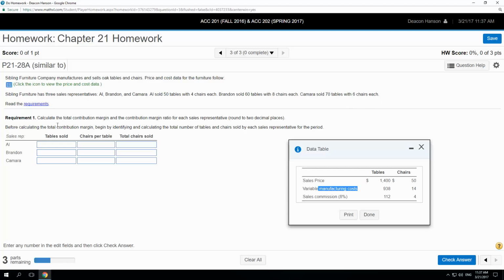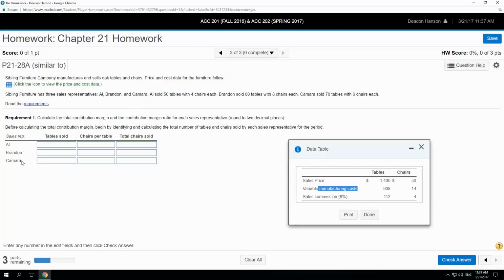So what it's saying is calculate the total contribution margin and contribution margin ratio for each sales representative, round to 2 decimal places. Before calculating the total contribution margin, begin by identifying and calculating the total numbers of tables and chairs sold by each sales representative for the period.